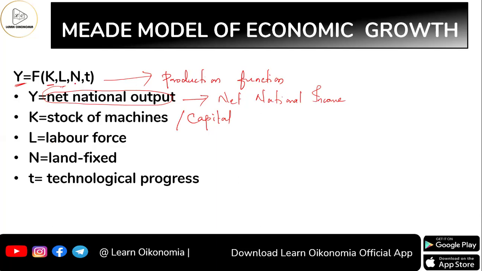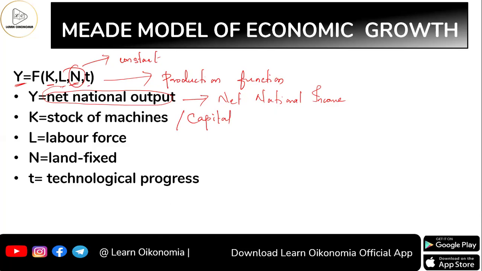And N means the land availability in the economy. And this land is assumed to be constant for the time being. We cannot increase the size of land, so it's assumed to be fixed. And T here stands for technical progress.